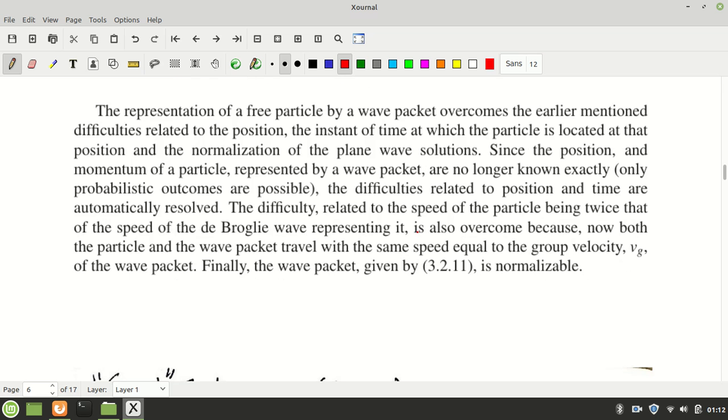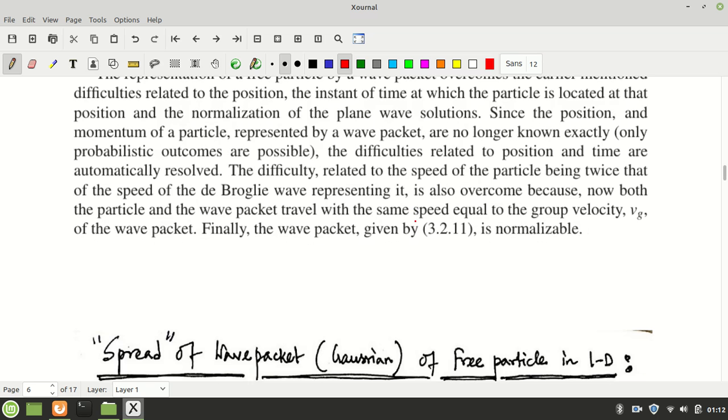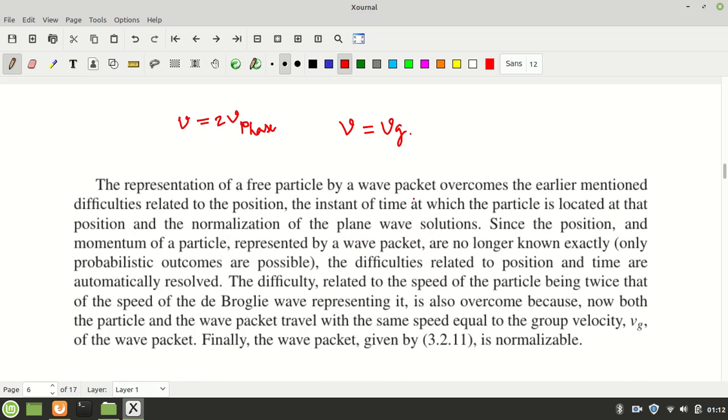So the group velocity of the wave is the particle velocity. So the problem of the discrepancy of the velocities, where the wave is moving slower than the particle, where we have used the dual nature, so both speeds should be consistent with each other. And yes, it is consistent because the particle velocity is the group velocity of the wave.